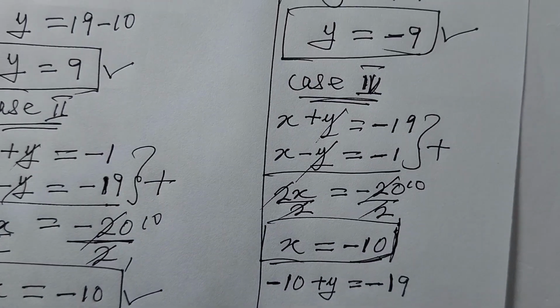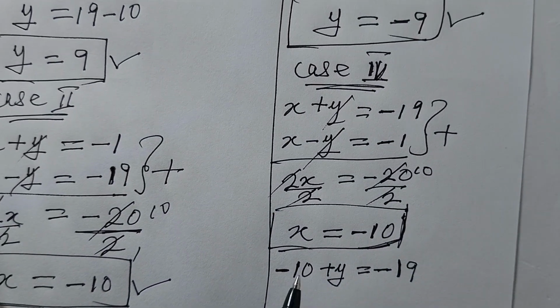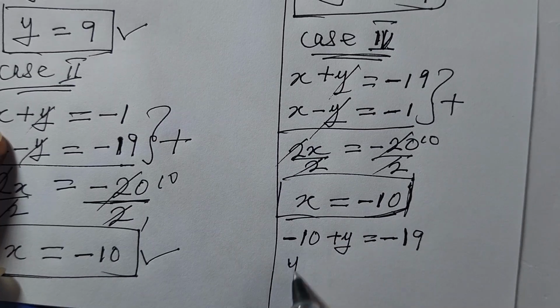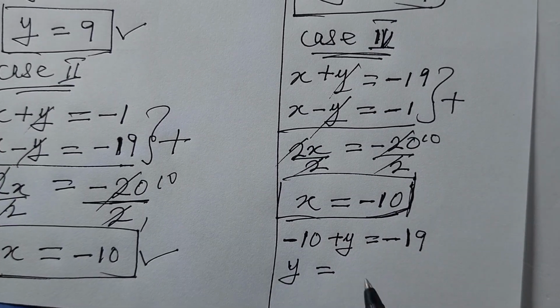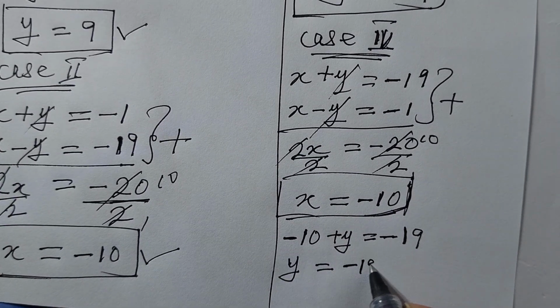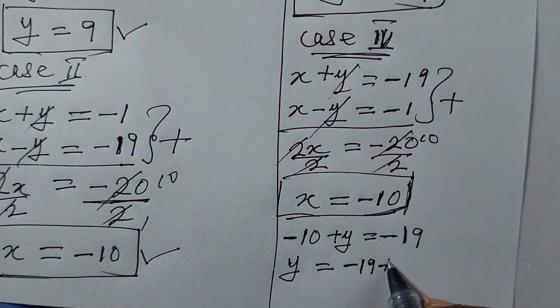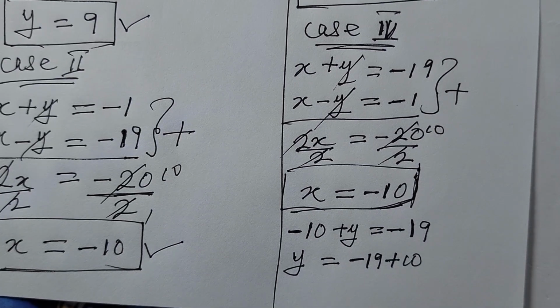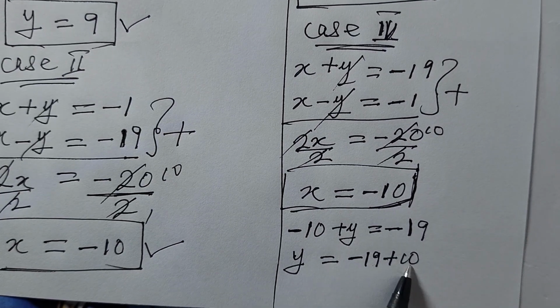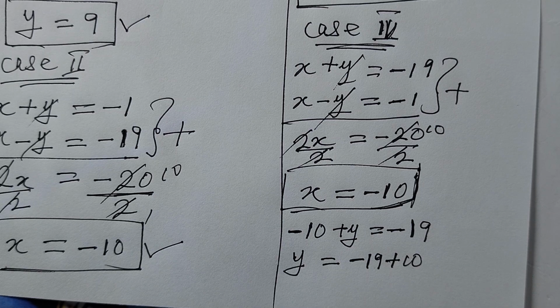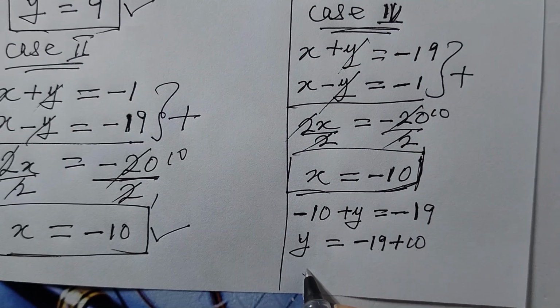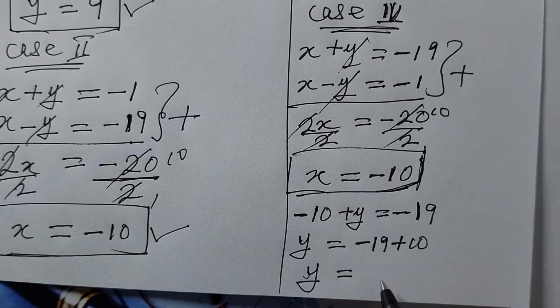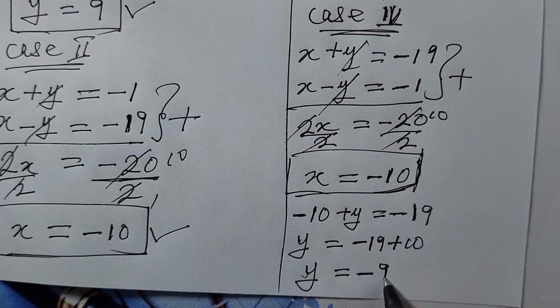So y is equal to minus 19 plus 10, which gives us minus 9. Therefore y is equal to minus 9.